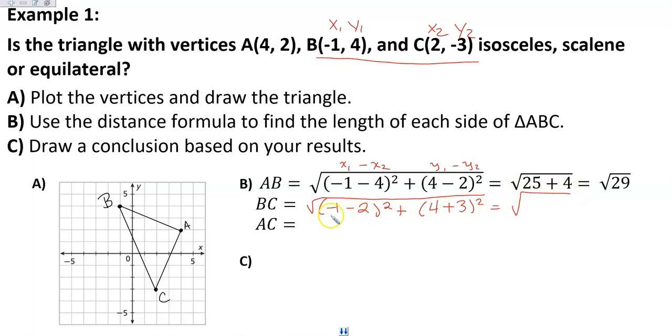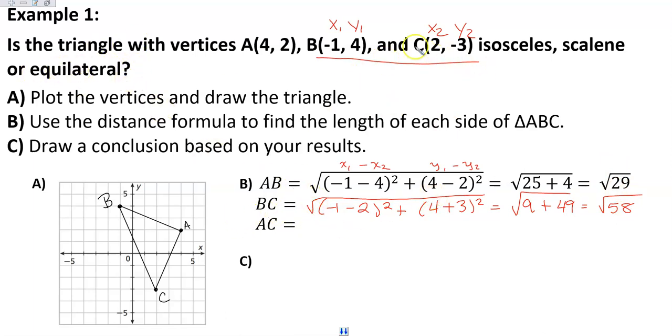And this is going to give me the square root of, -1 minus 2 is -3, squared is 9. And 4 plus 3 is 7, squared is 49. So 49 plus 9 is going to give me the square root of 58. So right now these are different, so we know it's not going to be equilateral.